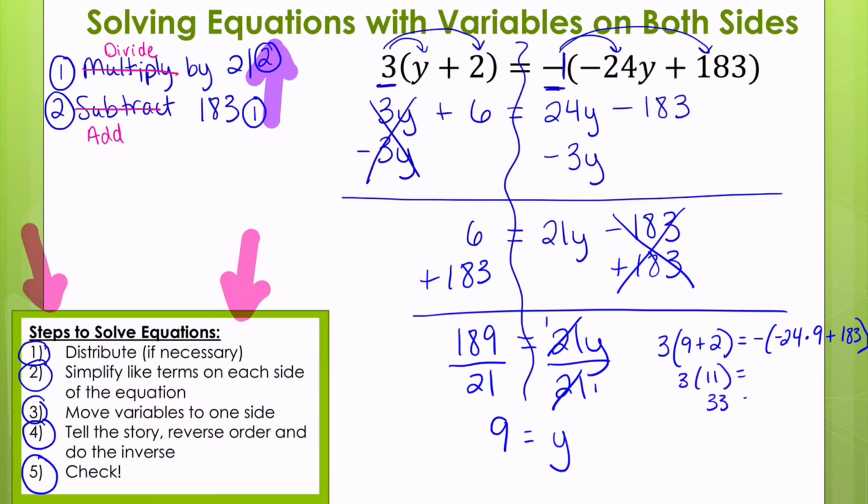I get 33 on this side, and then I have the opposite of, and I need to solve everything inside this parentheses, doing my multiplication first. So negative 24 times 9 is negative 216 plus 183. I get the opposite of negative 33, and the opposite of a negative would be a positive. So does 33 equal 33? Yes, check. Okay, I'm good to go.